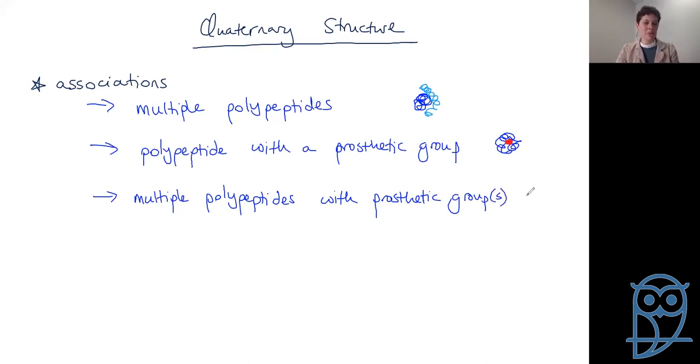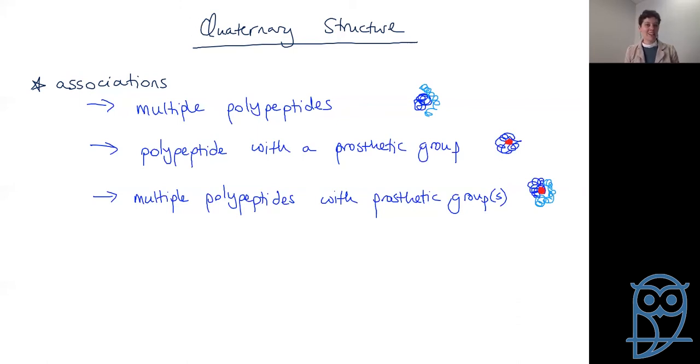Okay, that's why hemoglobin is so wonderful, because in hemoglobin, you've got 4 polypeptides and each of them has a prosthetic group. So you've got like all possible levels of quaternary structure being indicated. So for example, there's our protein, 2 polypeptides with a prosthetic group. That would then classify as quaternary structure.